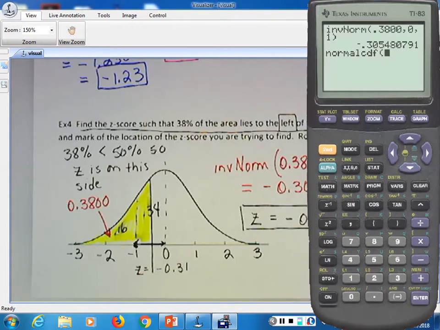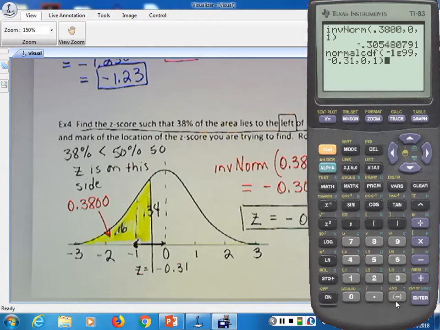Saying if my z-score is negative 0.31, and I know the area to the left, which I guess is probably where I should have started. I'm looking for the area to the left. That goes from negative 1E99 for infinity, up to negative 0.31 with a mean of 0 and a standard deviation of 1.